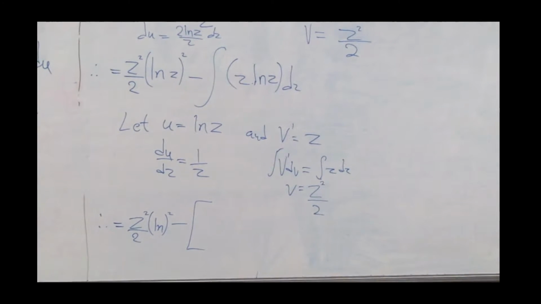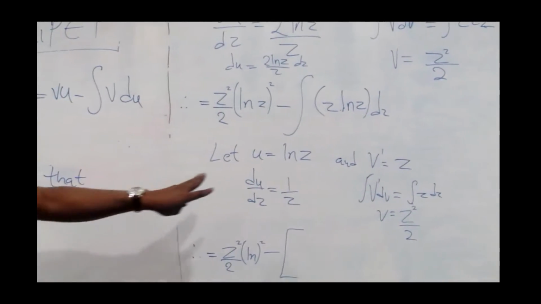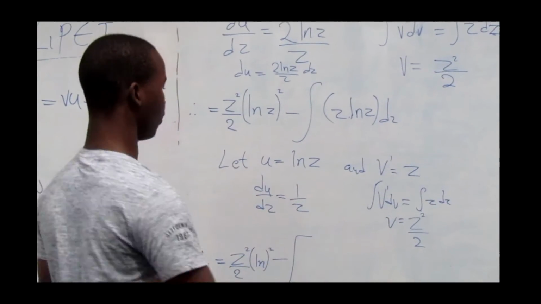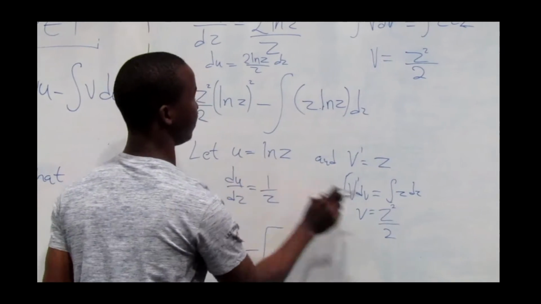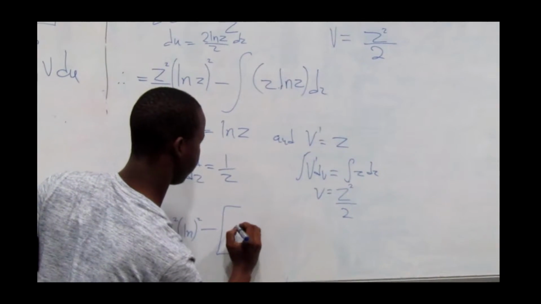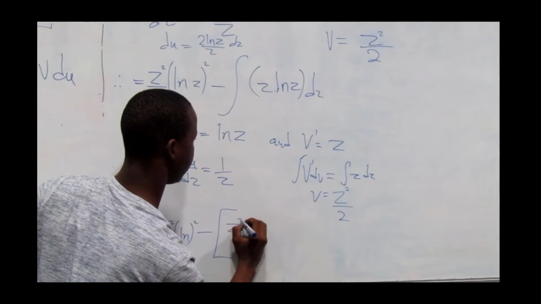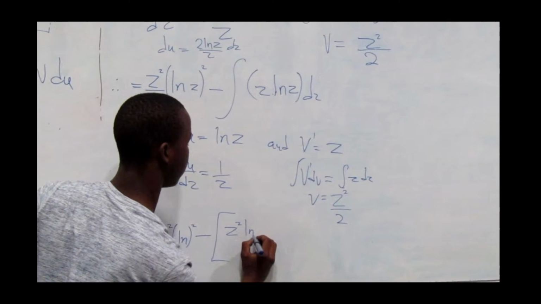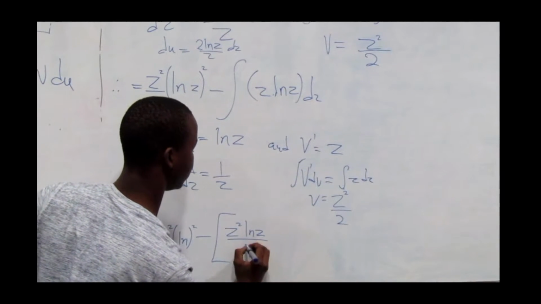When you put a bracket, to apply this rule, our v and u, you multiply this and this, it's going to be z squared over 2 with ln z.